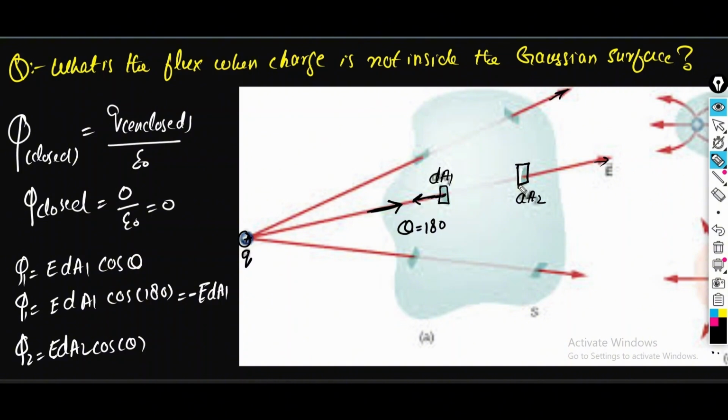The direction of the area and the direction of the electric field line coming from the positive charge are both in the same direction. The angle between these two is 0, so putting 0 instead of theta, E dA2 cos of 0. Cos of 0 is equal to 1, so phi 2 is equal to E dA2.